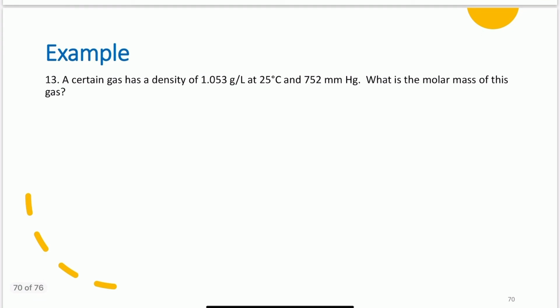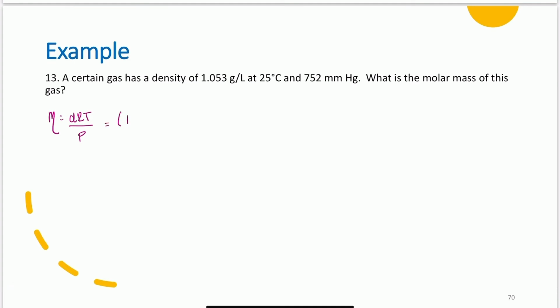A certain gas has a density of 1.053 grams per liter at 25 degrees C and 752 millimeters of mercury. What is the molar mass of this gas? And just like we just solved, molar mass is equal to density times gas constant times temperature divided by pressure. My density is 1.053 grams per liter.